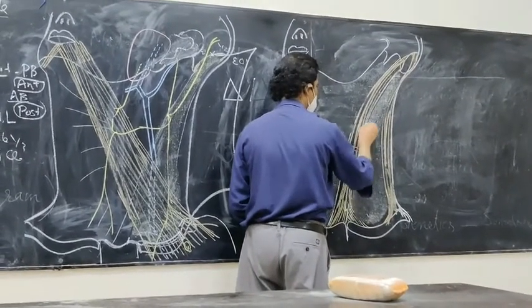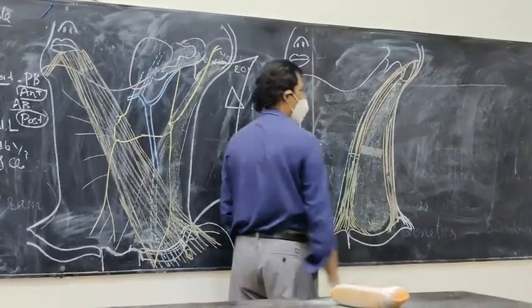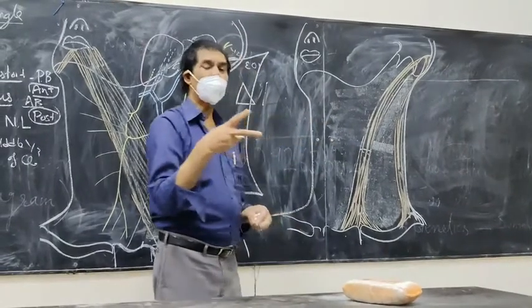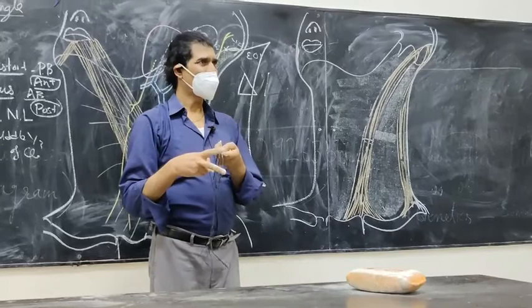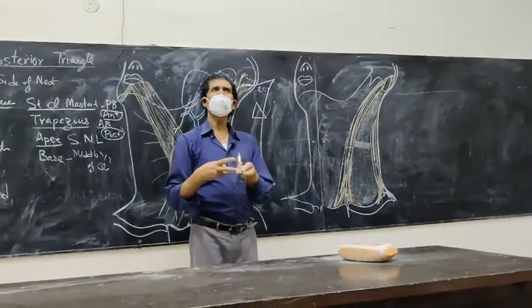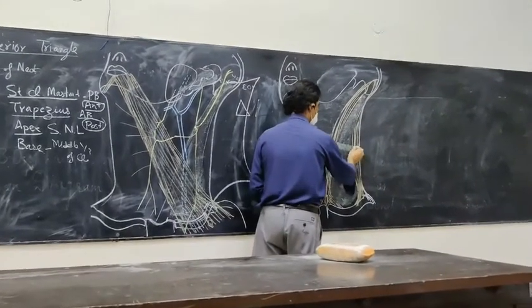Now this single sheet from the sternocleidomastoid goes towards the trapezius. At the anterior border of the trapezius, it again splits into two layers to invest the trapezius: one layer goes superficial to the muscle, the other goes deep to the muscle.